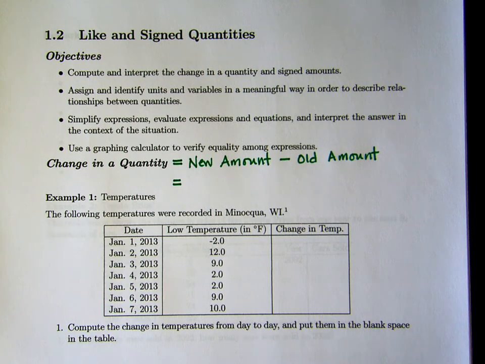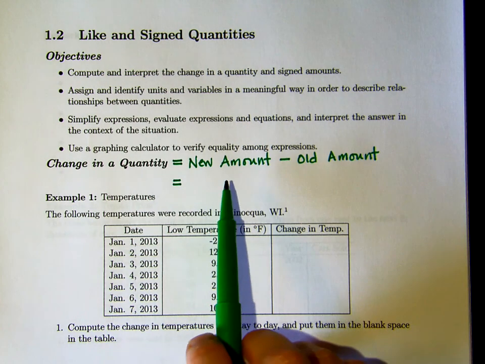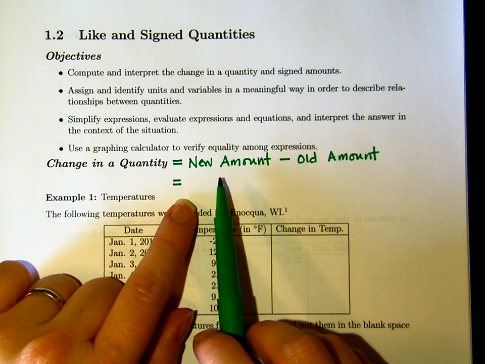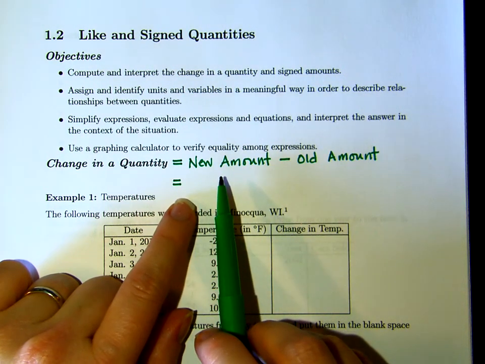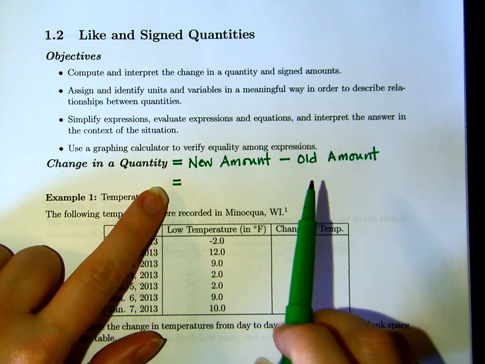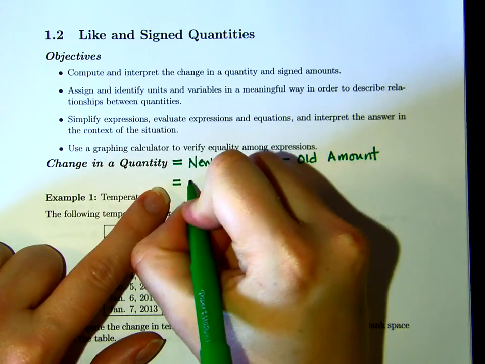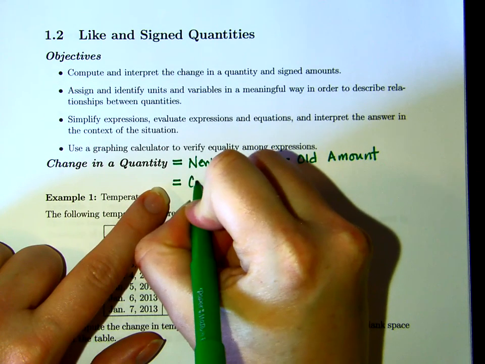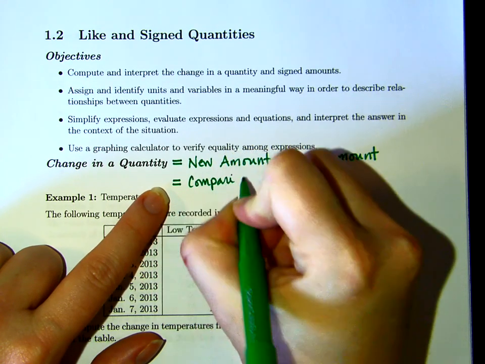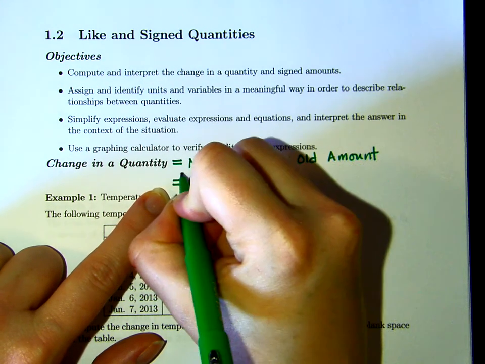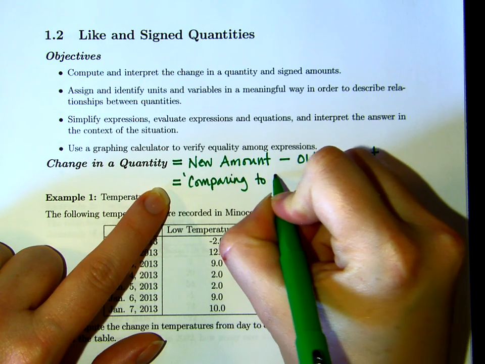So when I say the new amount, I'm really saying, what are we comparing it to and what was the other? So maybe I know this seems weird, the comparing to amount.